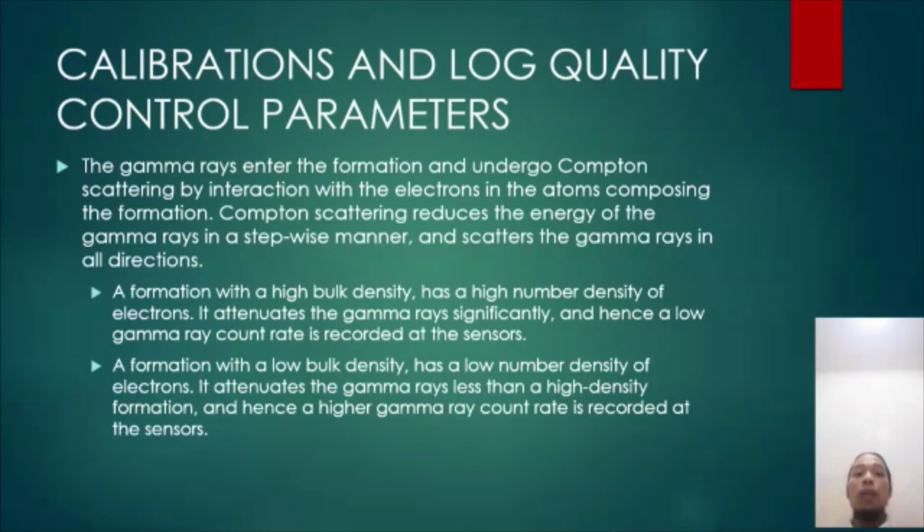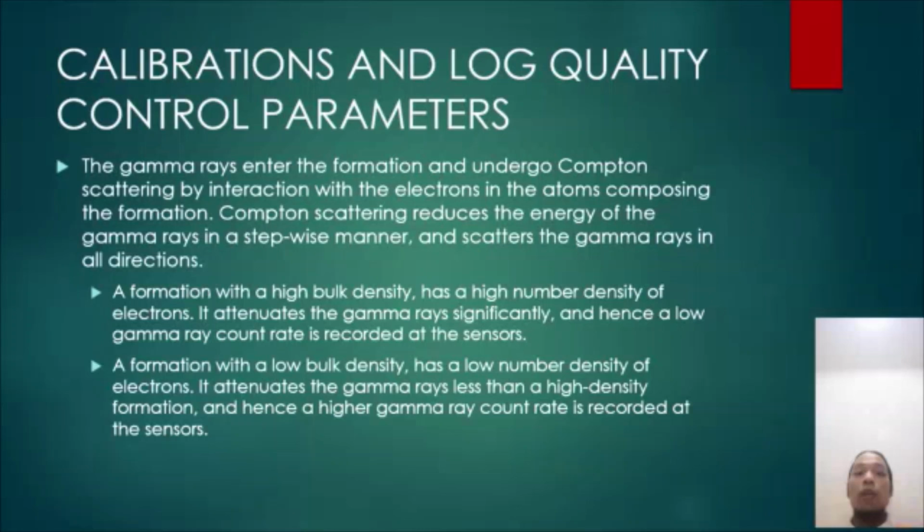The gamma ray enters the formation and undergoes Compton scattering by interaction with the electrons in the atoms composing the formation. The Compton scattering reduces the energy of the gamma ray in a stepwise manner and scatters the gamma ray in all directions.